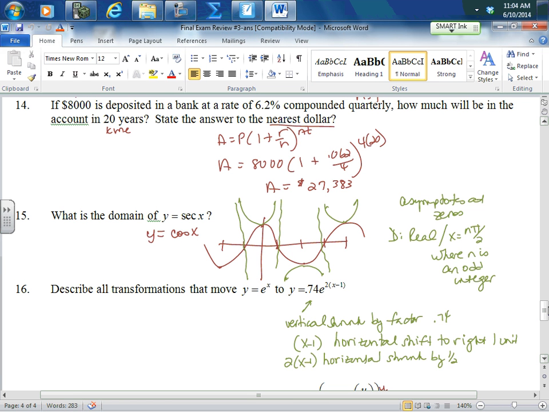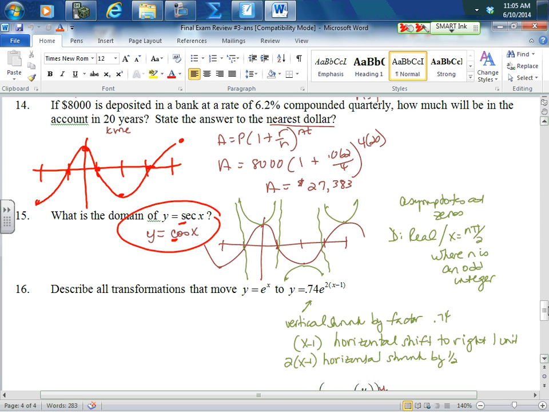Number 15 is a good one, guys. This is your reciprocal function. I want the range of your reciprocal function. Easiest way is to start with your reciprocal. Secant, remember that your letters have to be different. So secant uses cosine. So I start like this. Here's my 90s, right? Here's my cosine curve. My domain said all real numbers.